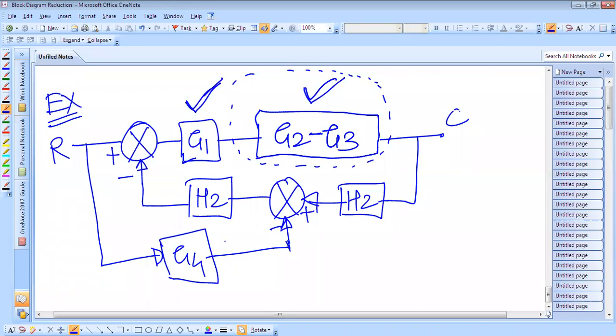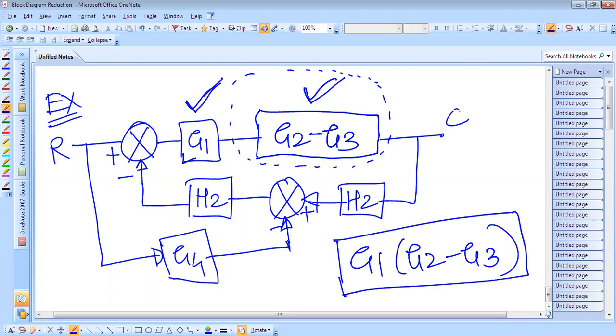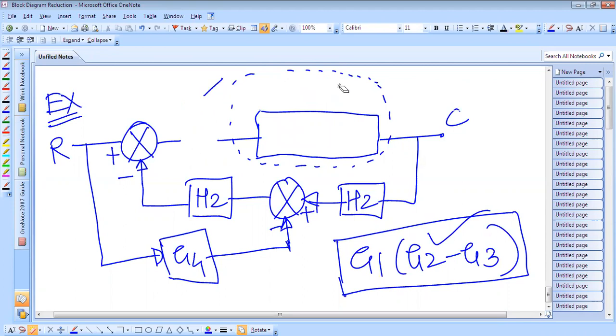I will remove these and draw one block, and I will write its gain as G1 into G2 minus G3.